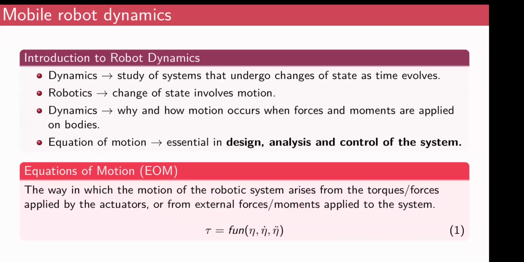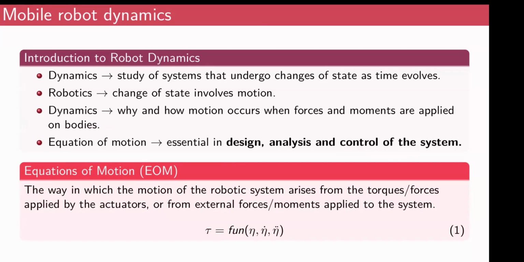We can gain that sort of insight from the governing equations of motion. If you plug in the inputs, the inputs being the torques that we are supplying on the motors, the governing equations give you insights on how the robot moves, or how the robot follows a trajectory.